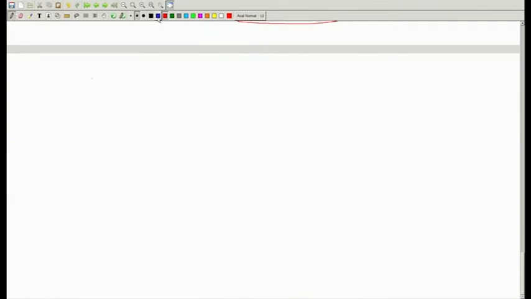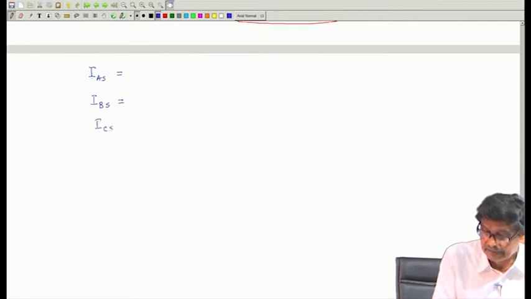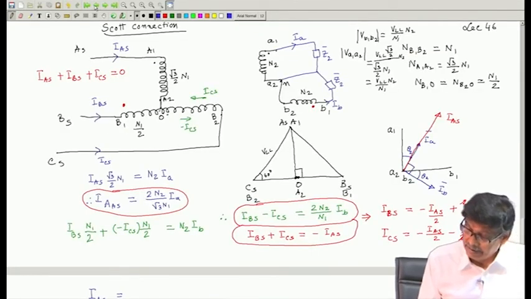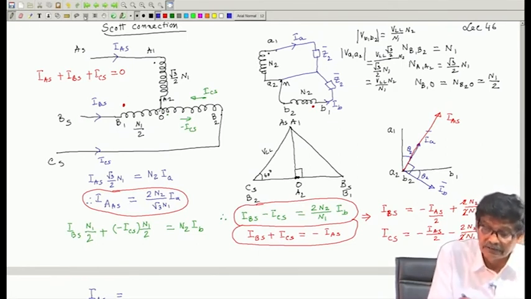We got I_AS, I_BS and I_CS, where I_AS is 2 N2 by root 3 N1 into I_A, that is this one. I am copying and putting it.